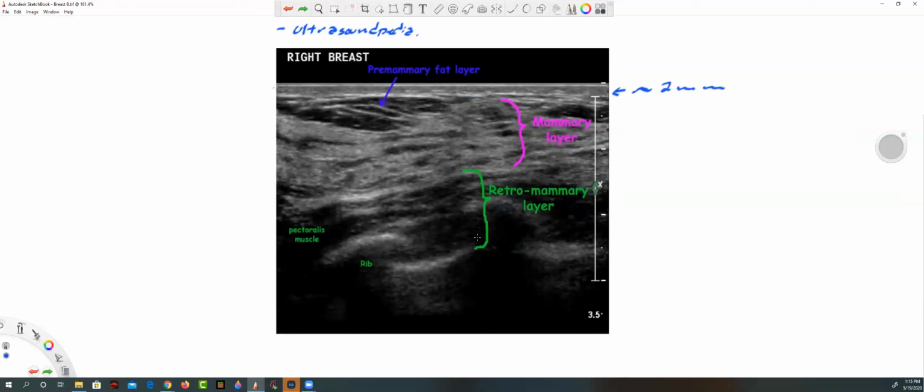Retromammary, well, they include in this image, all right, they're not such a good website after all. No, that's all right. They went all the way from the mammary layer down to well into the lung, or about to the lung. So they've included muscle, ribs. Oh, by the way, ribs here, rib.